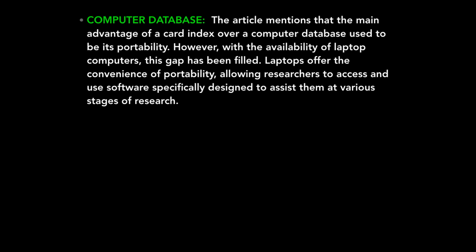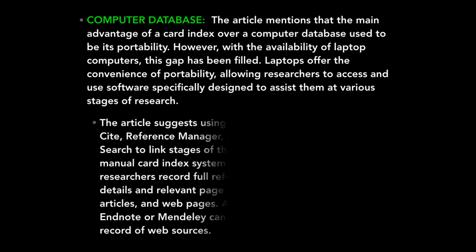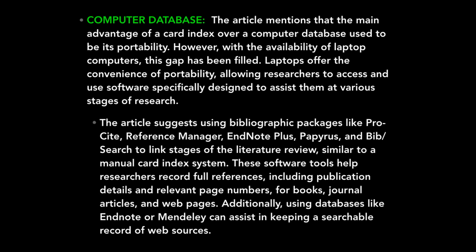stages of research. The article suggests using bibliographic packages like ProCite, Reference Manager, EndNote Plus, Papyrus, and Bib Search to link stages of the literature review, similar to a manual card index system.